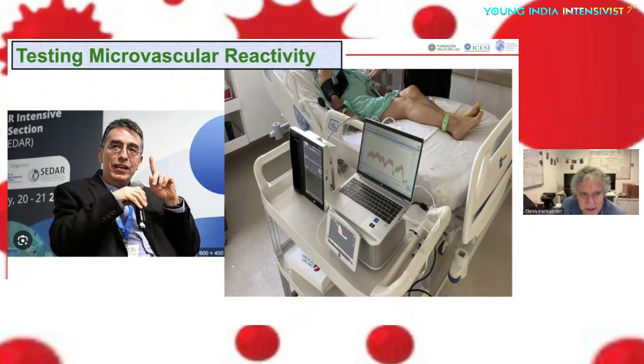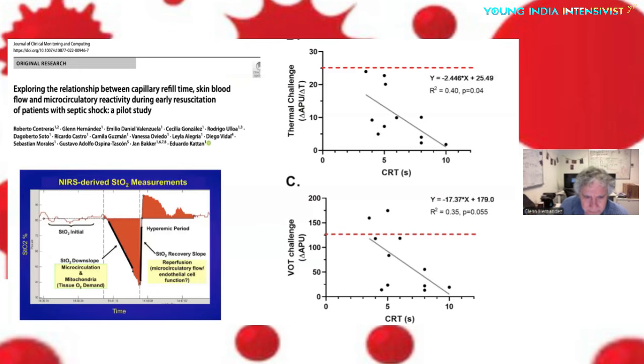But this is Gustavo Espinal, one of the geniuses of all these projects, a PI also of the Andromeda studies, where we assess more in depth microvascular reactivity by applying a vascular occlusion test to these patients.